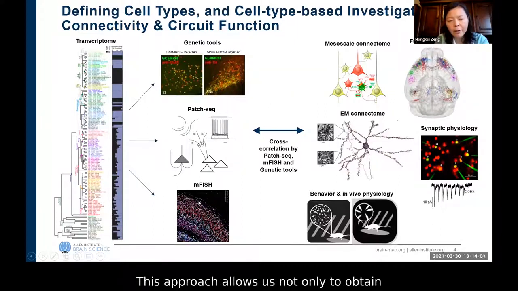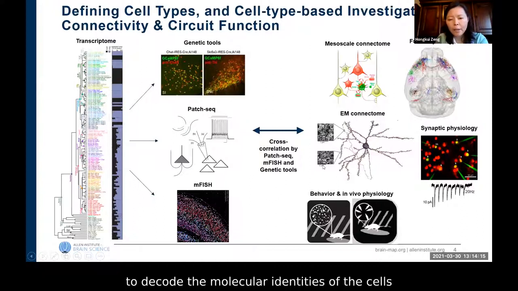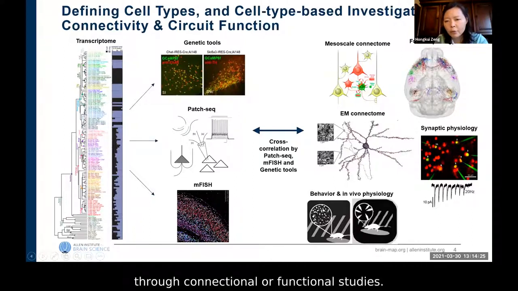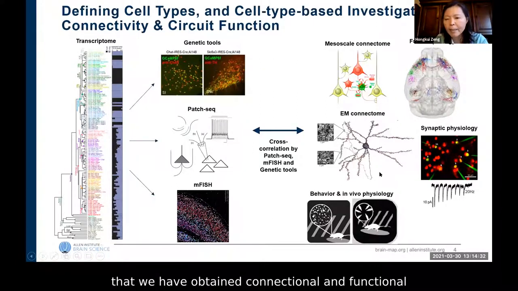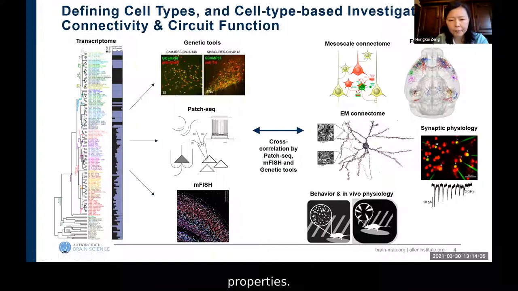This approach allows us not only to obtain the spatial distribution and relative proportions of the different molecular cell types, it can also serve as a post hoc method to decode the molecular identities of the cells on the tissue examined that have gone through connectional or functional studies. So to again assign molecular identities to cells for which we have obtained connectional and functional properties.